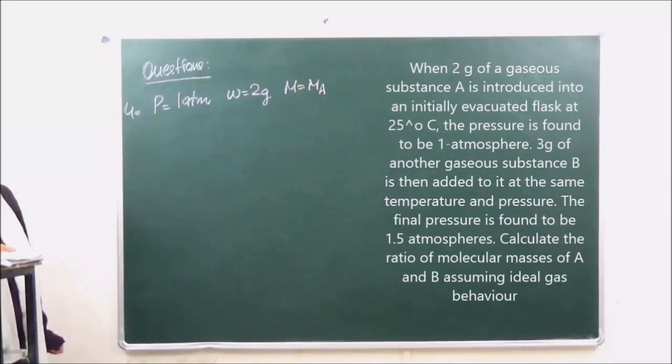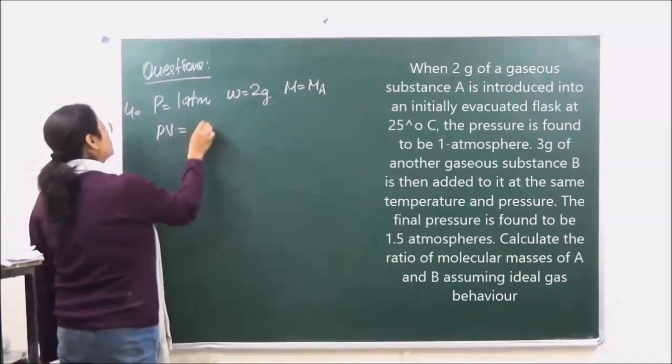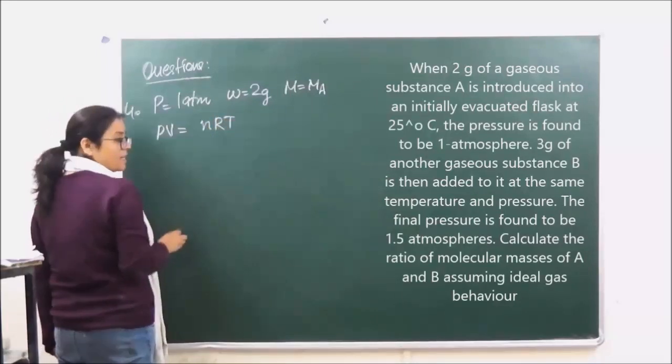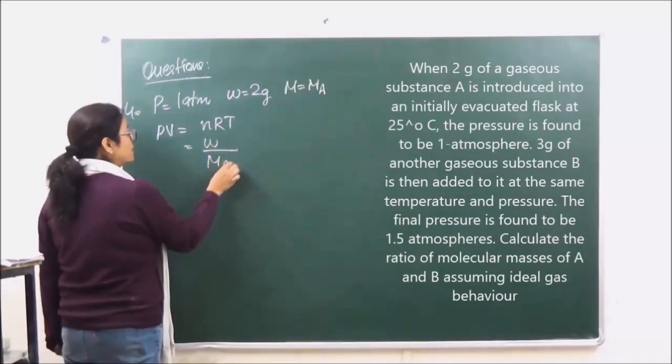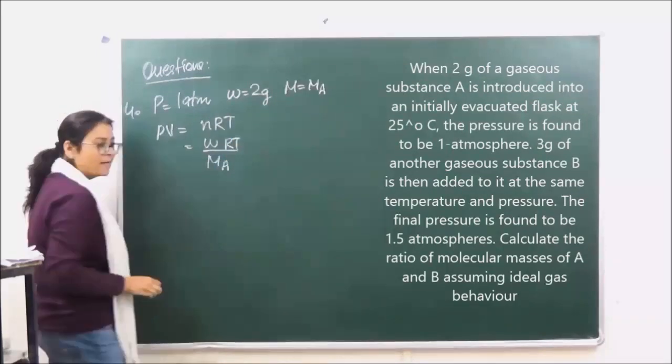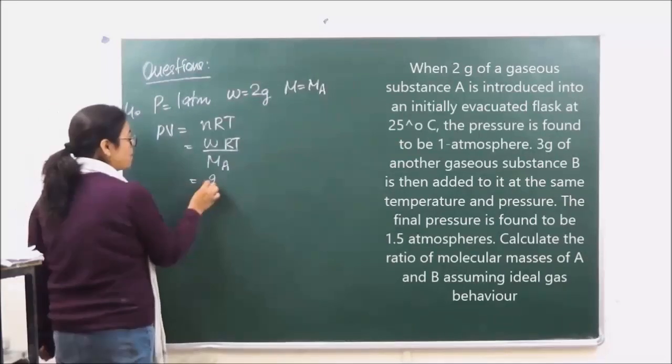Now second gas पे हमारे पास जब हम लोग इस पे कैलकुलेट करते हैं molecular mass, so let's see, we know that PV that is equal to nRT or that is equal to W upon Ma RT, right? W given to us is 2.